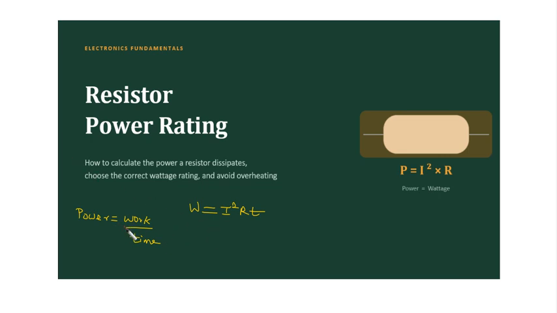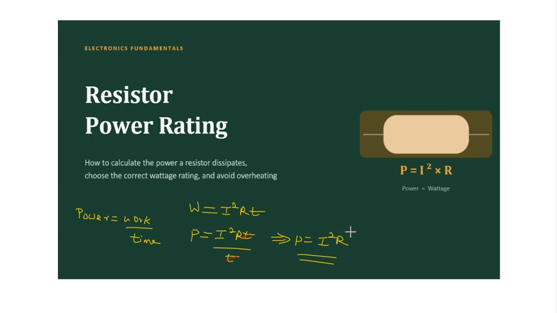Okay, so if we apply the general formula for power, which is work done over time, that means in an electric circuit, we can have it that the power consumed P is equal to work done, which is I squared multiplied by R multiplied by T, all over time, all over T. So that gives us I squared R. T cancels T. So electrical power is equal to I squared R, which is the square of the current multiplied by the value of the resistance through which that current is flowing.